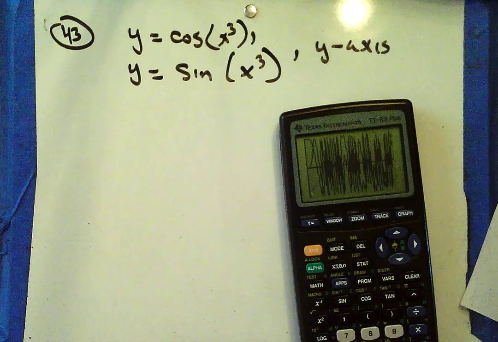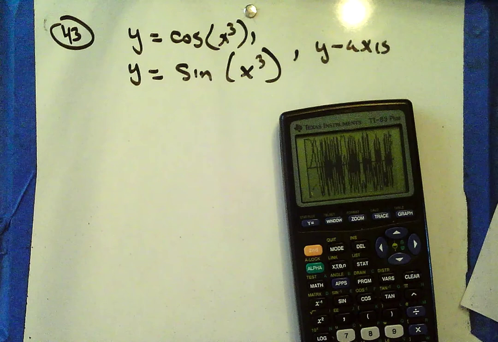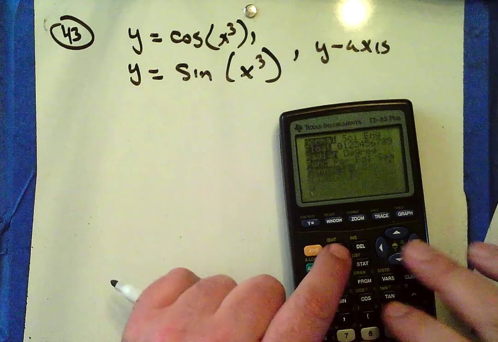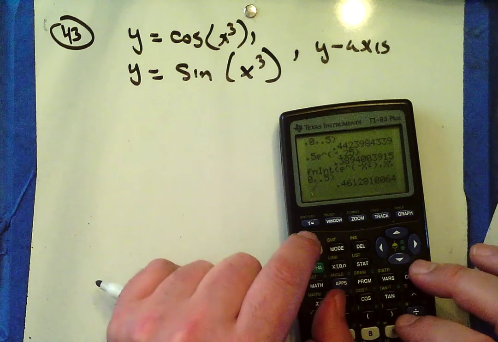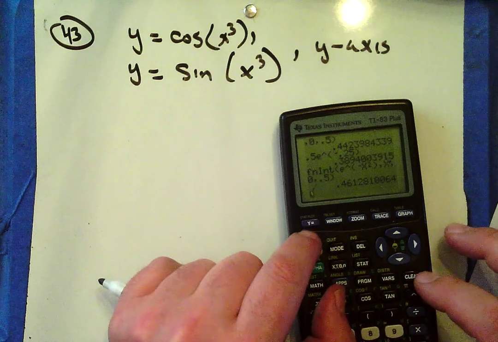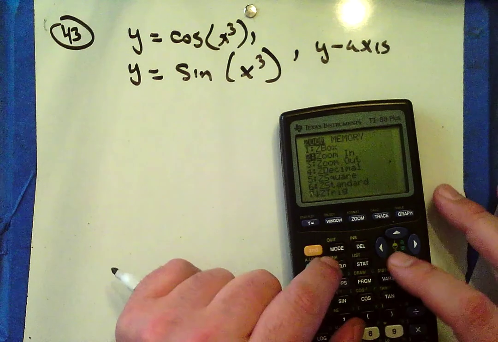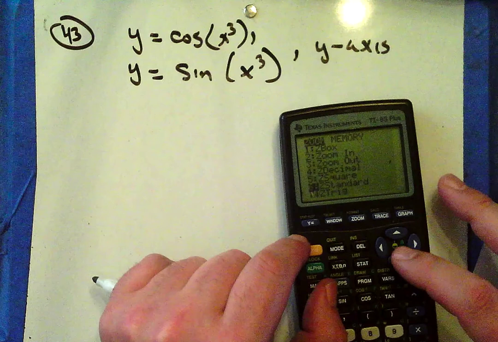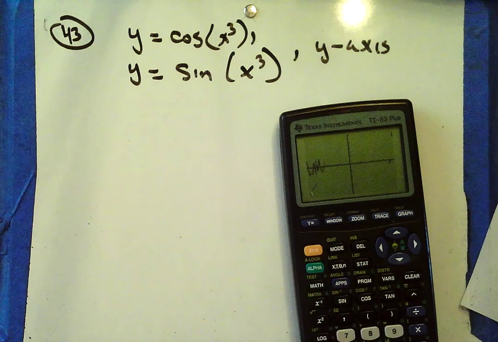Find the region of the area in first. Am I in radians? I am in radians. Okay. I just don't want to be looking at that anymore. Zoom trig. Here, maybe if it's jiggy, it'll be better. No, it's just not any better.